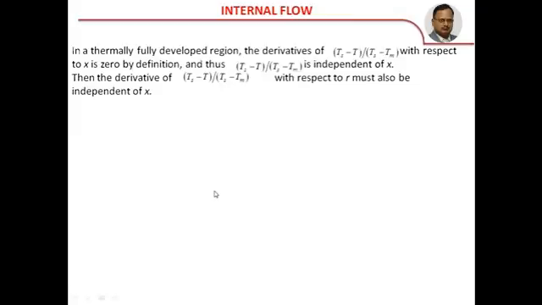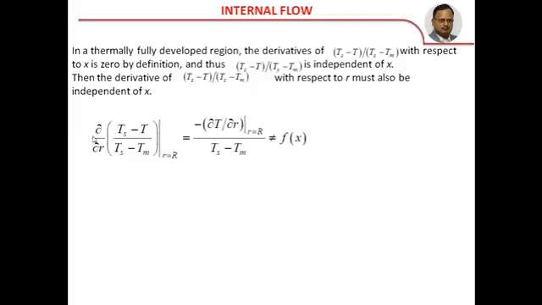In laminar flow, it is observed that the maximum velocity is equal to 2 times average velocity. That can be easily proved. So another important thing is, in a thermally fully developed region, the derivative of the temperature difference at any point with respect to the surface temperature, Ts minus T by Ts minus Tm, average value, with respect to x is 0, because the profile remains constant throughout the pipe, and hence it won't vary with respect to x.